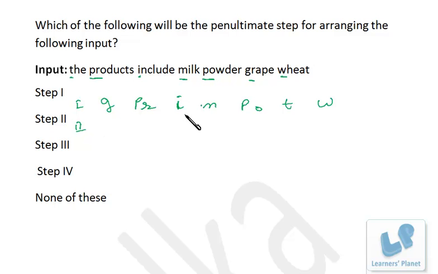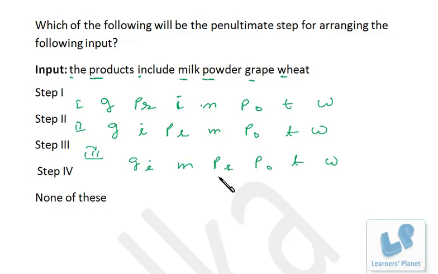Then second step, I will come at this place. So I and PR will exchange their positions. So G, I, PR, M, PO, T and W. Then the third step, M and PR will exchange their position. G, I, M, PR, PO, T and W. Now between these two, in dictionary order, PO will come first.